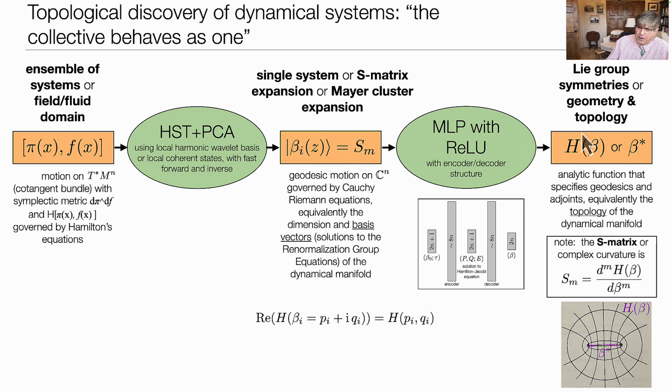Well, finding H is hard to do analytically, right? And it's equivalent to finding the solution of the Hamilton-Jacobi-Bellman equation. But it's very easy to approximate with a multi-layer perceptron with a rectified linear unit activation, right? That is because an MLP with ReLU is a piecewise linear function approximator.